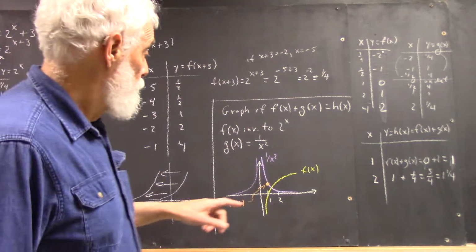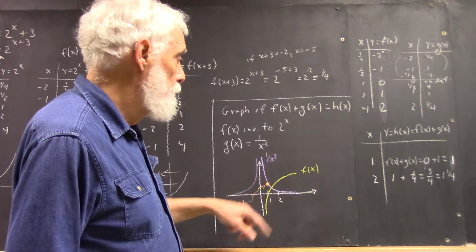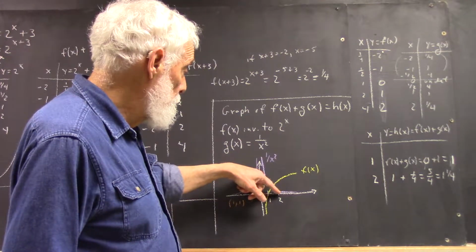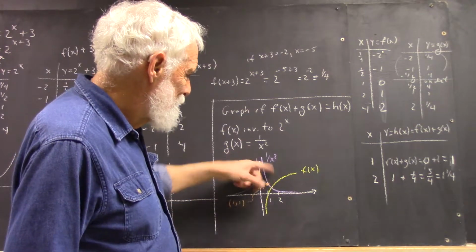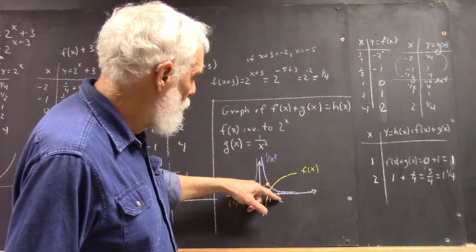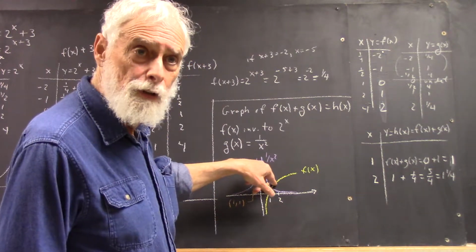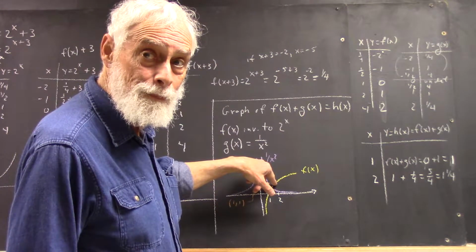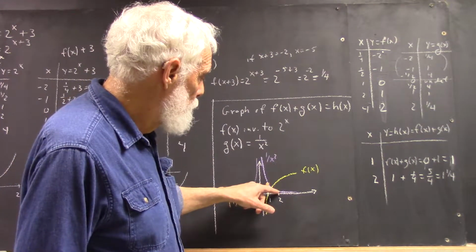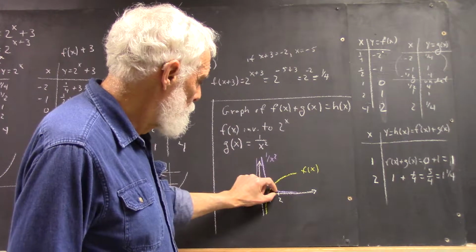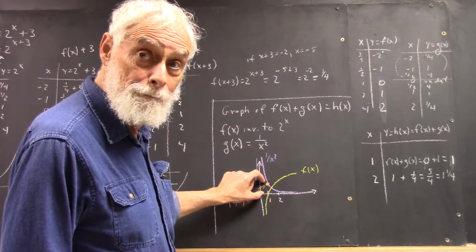Now, first place, does it make sense that f of x should equal 1 at this point? Well, I drew the graph a little bit too high. If I project up here, it comes out a little bigger than 1, but we'll pretend it's 1, okay? And then this graph, about 1/4, yeah, that's about 1/4 as high as this is, isn't it?